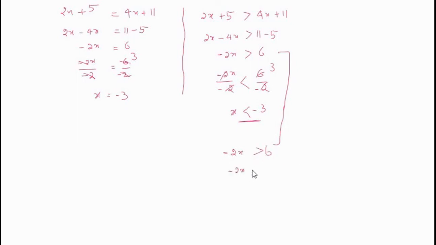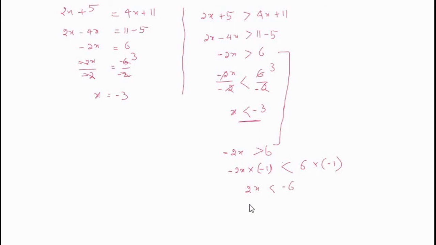Minus 2x into minus 1, 6 into minus 1. Here you are going to multiply by minus 1 both sides. Then also the inequality sign gets reversed. So minus 1 into minus 2, so this becomes 2x less than 6 into minus 1, minus 6.